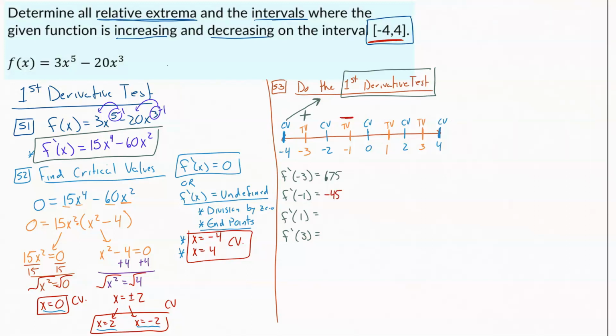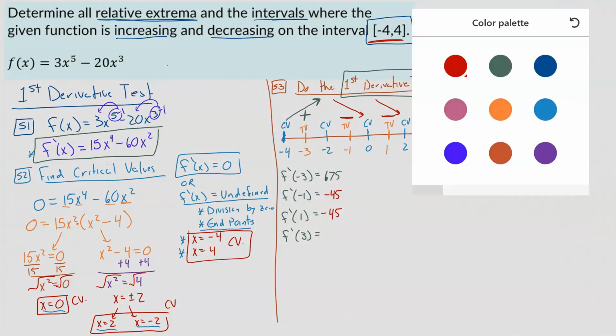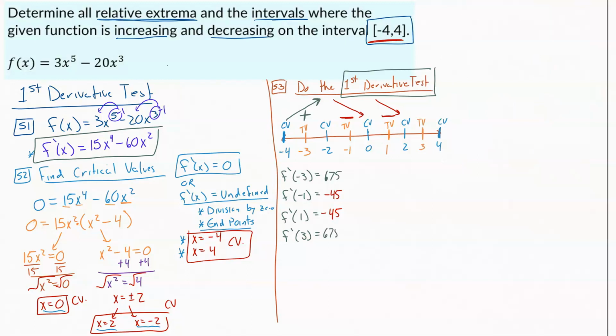So in that interval there, our graph is headed down and decreasing. Plugging in 1 to the derivative, we get out again -45. So again, on this interval, we're negative and decreasing. And then plugging in 3, we end up getting out positive 675. And so on this last interval here, this thing is positive and increasing.